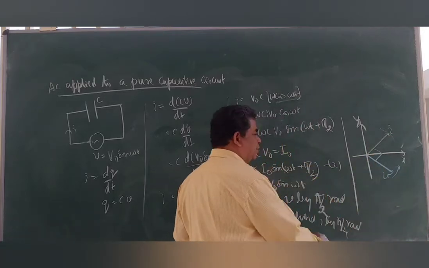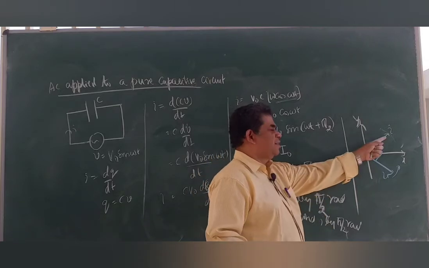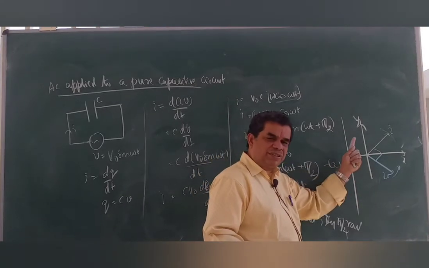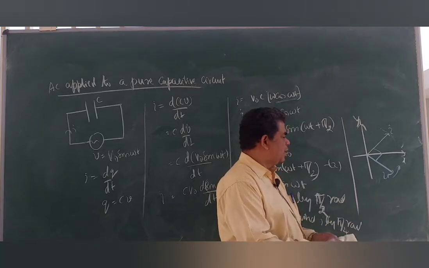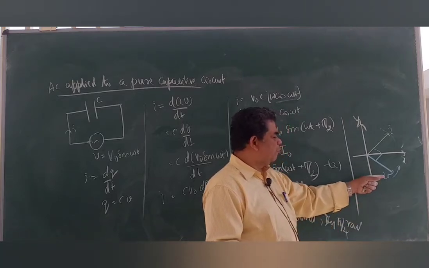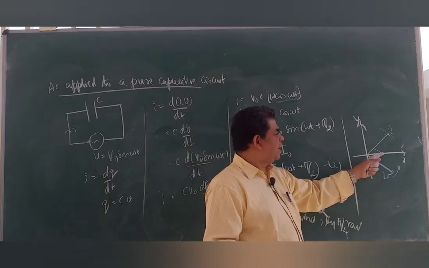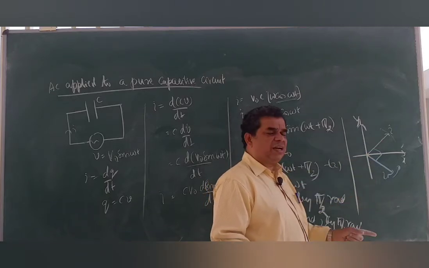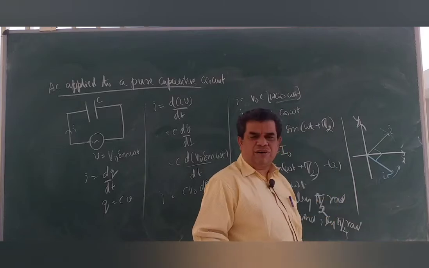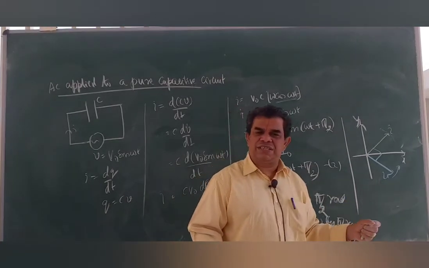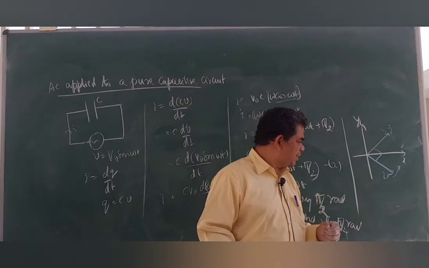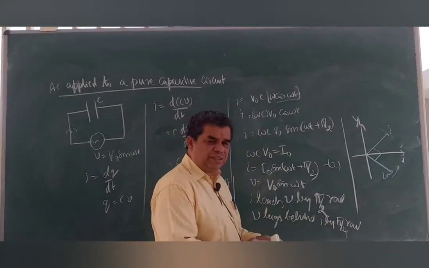That's why V lags behind. You can also make this V and write I here, that's also valid. I have written it this way for the sake of clarity. I used the fourth quadrant for V and the first quadrant for I. You can use any quadrant, because they are all instantaneous vectors. They are changing continuously. So with this, let me go through the derivation once again.